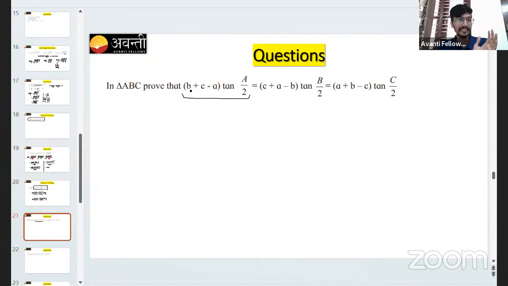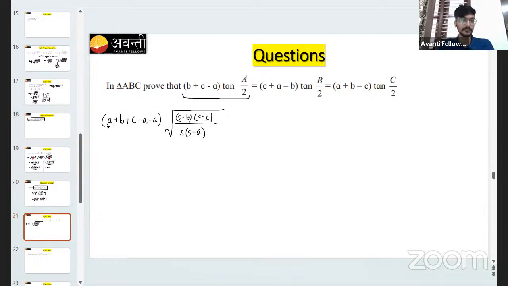I'll be adding and subtracting a. You'll understand what I'm doing here. Once I added a, so a plus b plus c, minus a as it was earlier, so once a subtracted. And what is tan a by 2? Tan a by 2 was under root of (s minus b) into (s minus c) upon s into (s minus a).